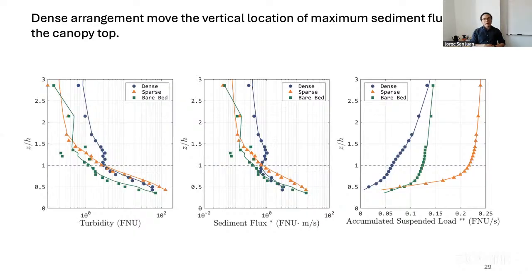And that's one thing that we can notice on the plot on the right. What you see here is accumulated suspended sediment load, once again as a proxy using turbidity. In general terms, we have more transport of sediment through the canopy, through the oysters, for the sparse condition than you have for the dense conditions.